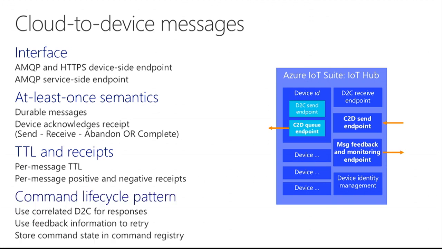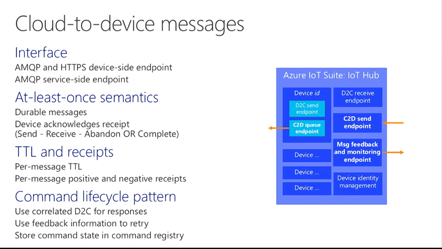It is very common to have a life cycle for commands. So when you send a cloud-to-device message to the device, you use correlated device-to-cloud messages for the responses, so that your event processor, like we saw earlier, is able to distinguish between a telemetry message and the response of a specific command.